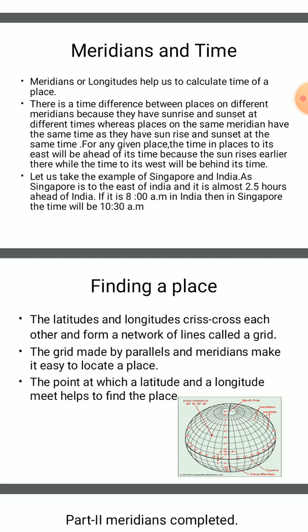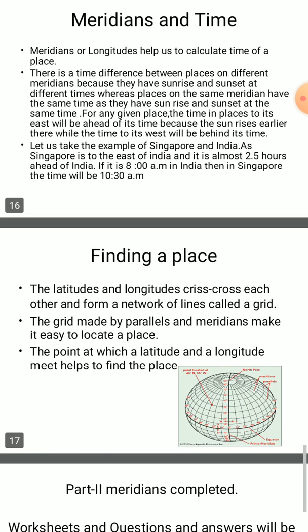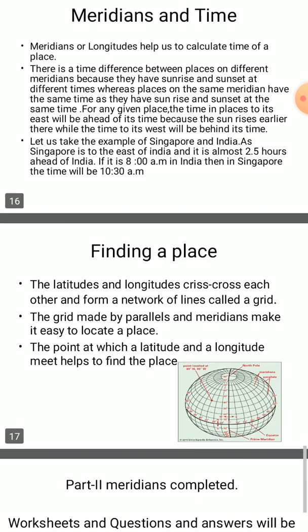For example, if we want to locate a place on a map or globe, we need to know the number of a parallel, say 23 degree north, and the number of the meridian, say 77 degree east, and their intersection point. Intersection point means the point where they meet. So their intersection point will be the location of that place.